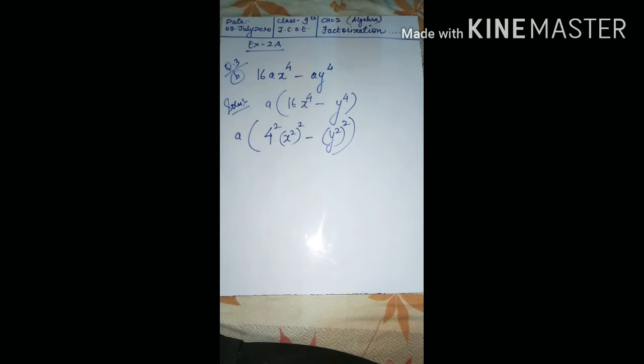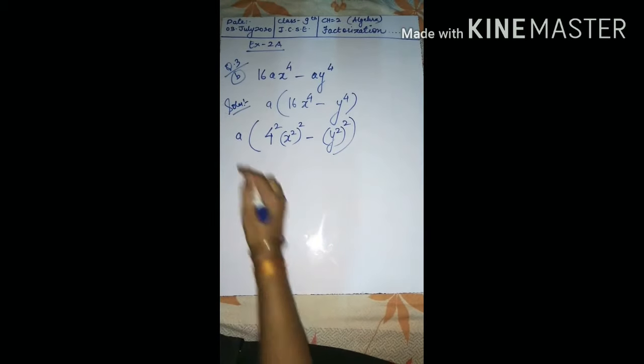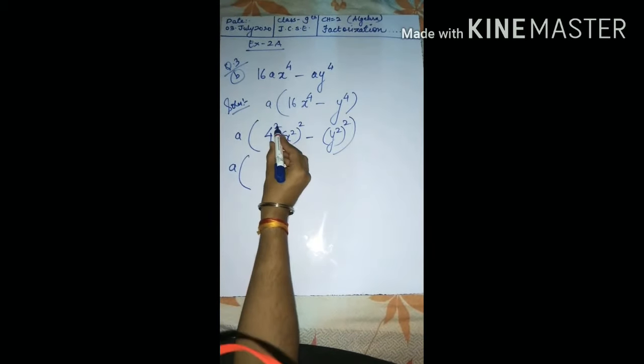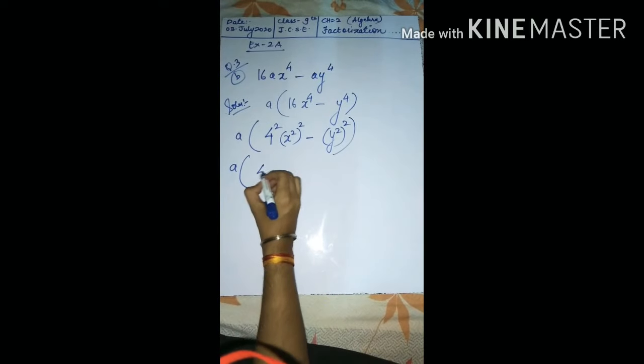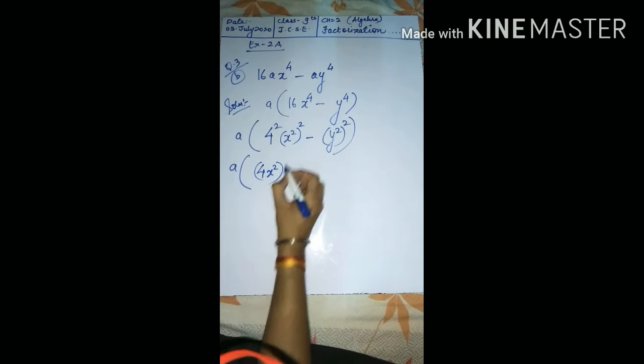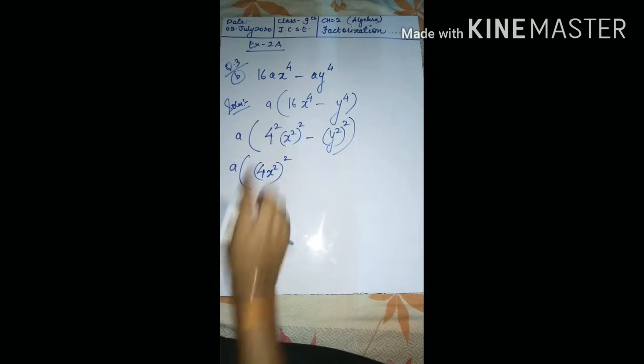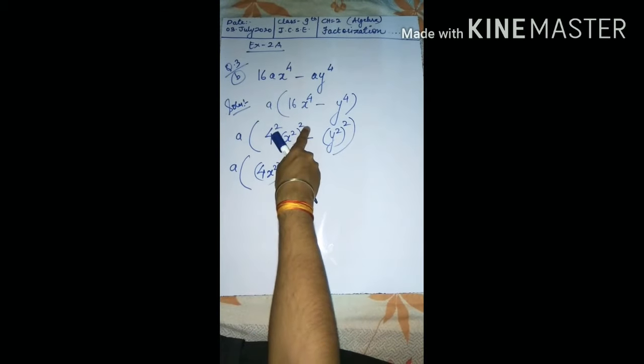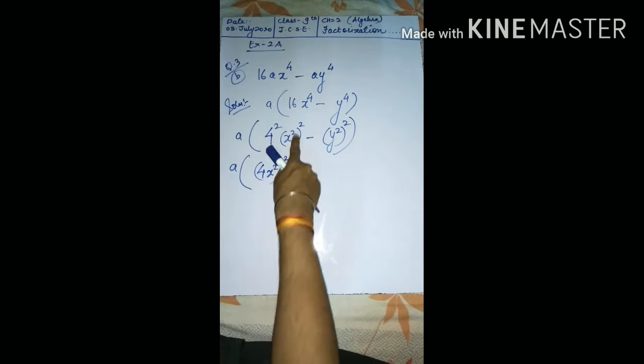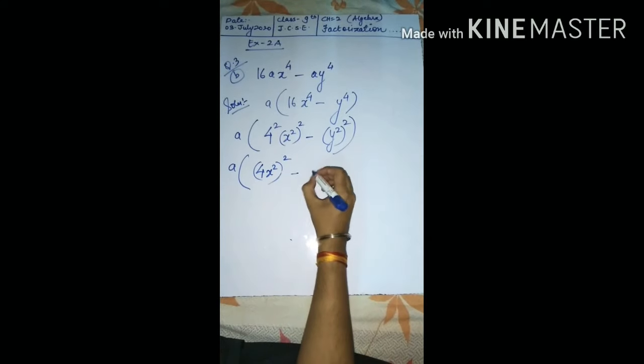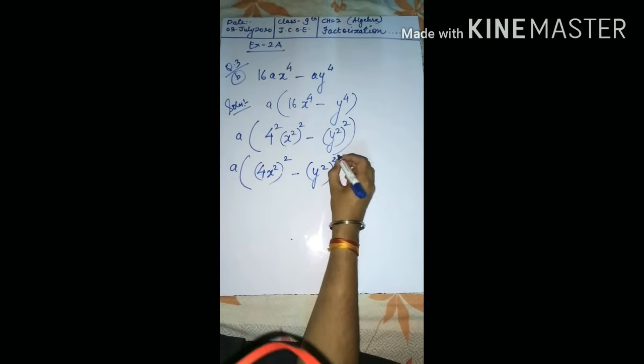Okay, now what will happen? This is square, this is also square, can we write 4x square the whole square? Okay, this is square, this is also square, 4 is here, x square is also here, minus this is y square whole square.